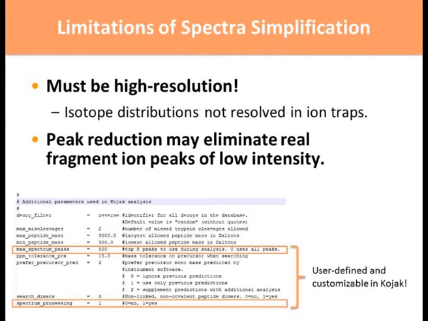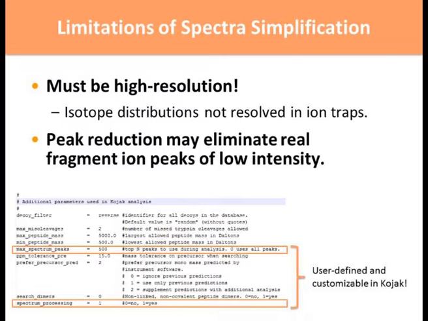And then also, in the case of spectra that have low spectral complexity, using a flat cutoff to say keep only the top 500 peaks might actually eliminate real peaks of important intensity.